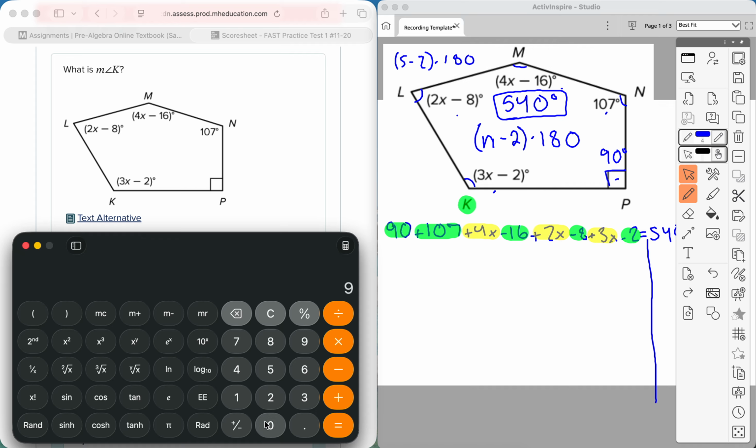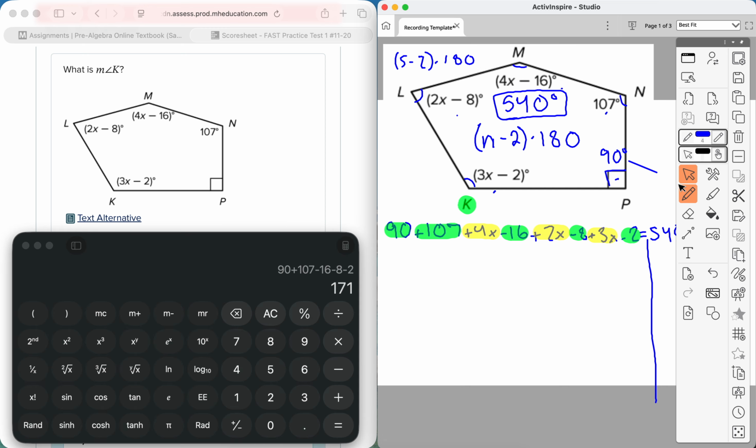90 plus 107 minus 16 minus 8 minus 2. That's 171.